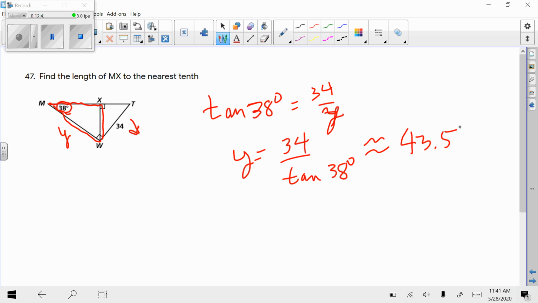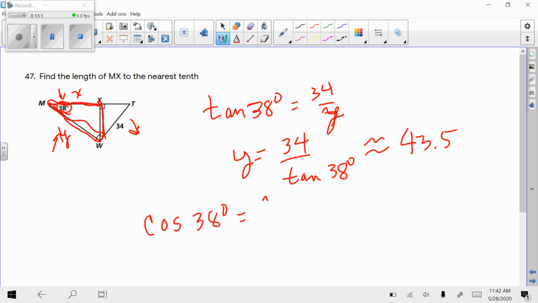I just stored that in my calculator under x. So now we need MX, so let's just call that x now. We know what y is, right? And we have this angle here. Y is now the hypotenuse of this. So we have cosine going on here. Cosine of 38 degrees is equal to the side adjacent over the hypotenuse.